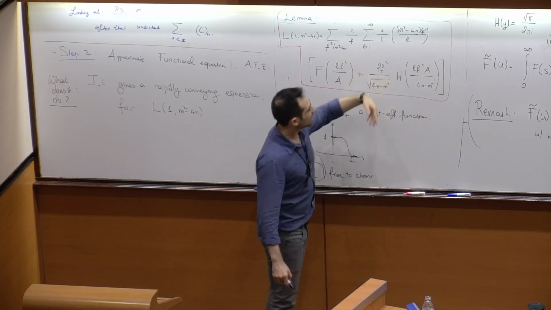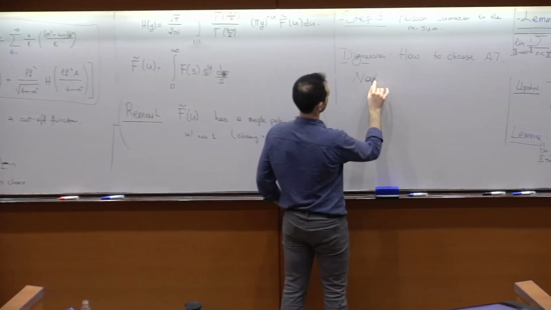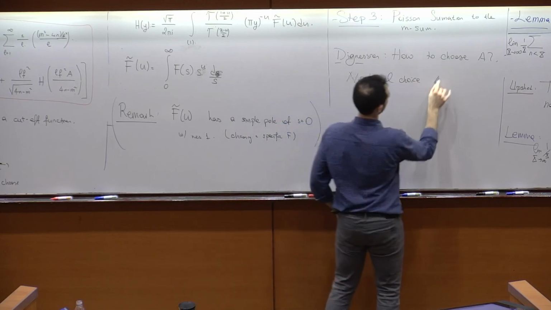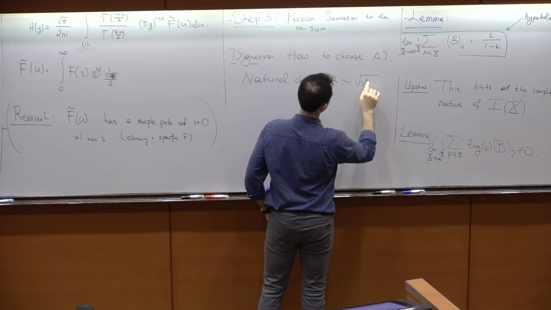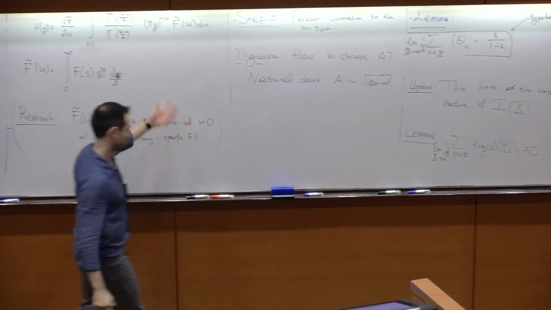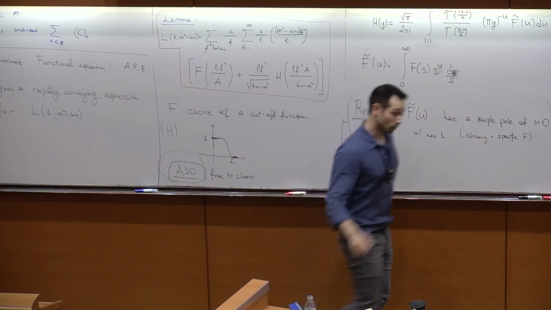So the natural choice is choosing a somewhat close to square root of 4n minus m squared. And this is the discriminant of the L function.